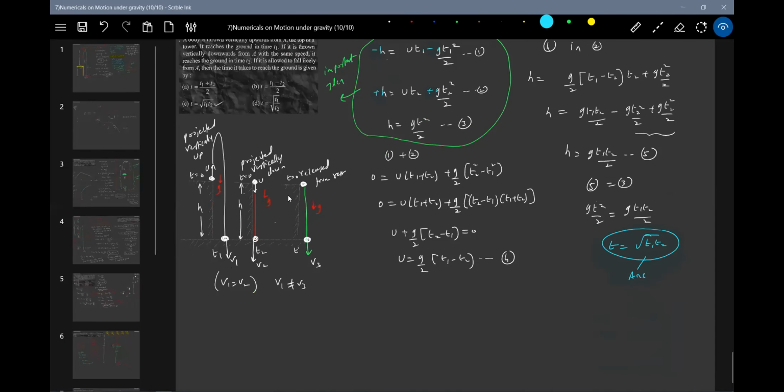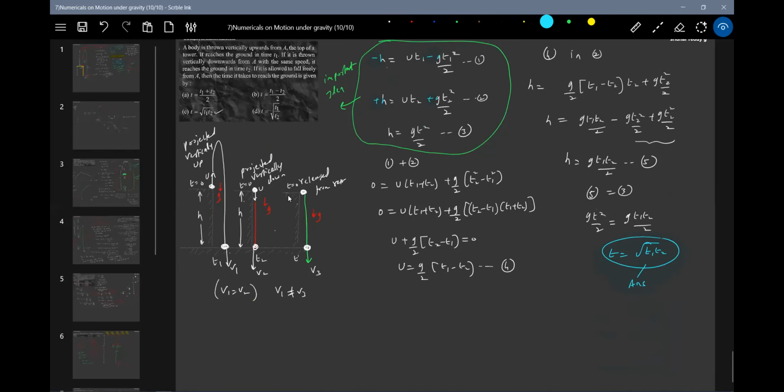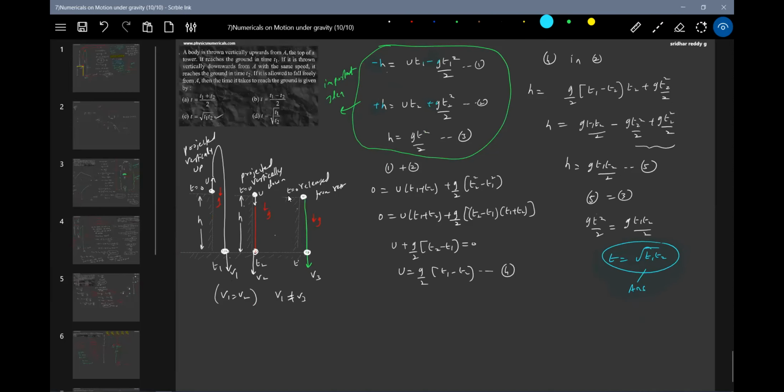Anyway, I'll summarize here. First, read the question. Understand the situation. Draw the rough diagram.